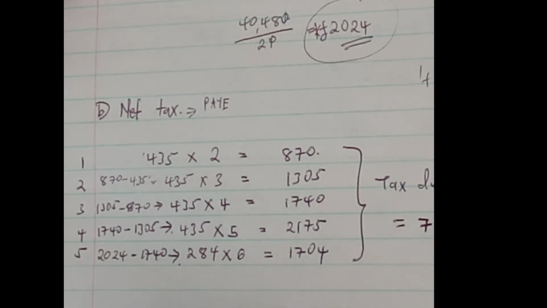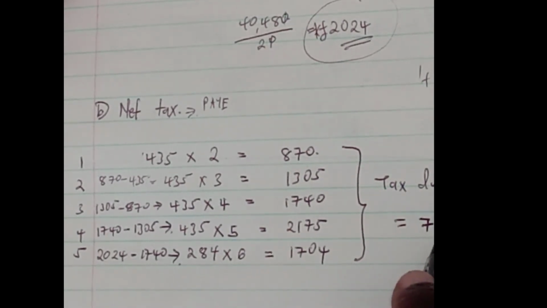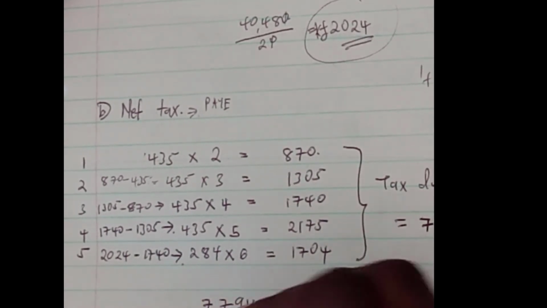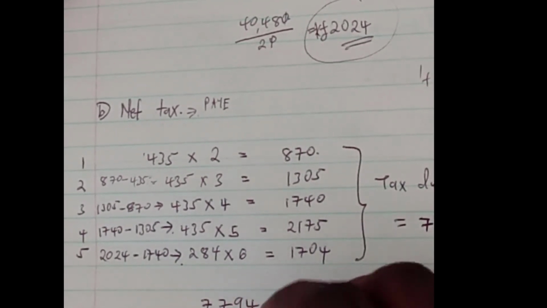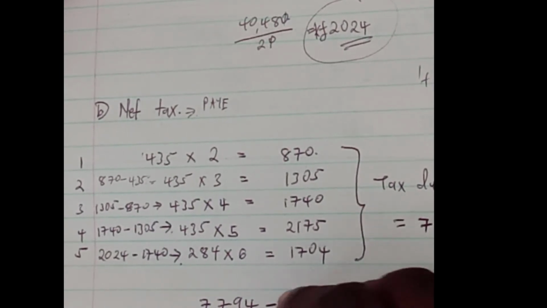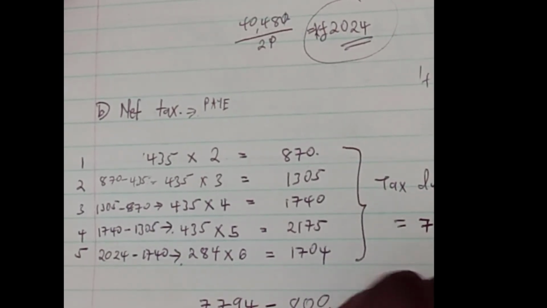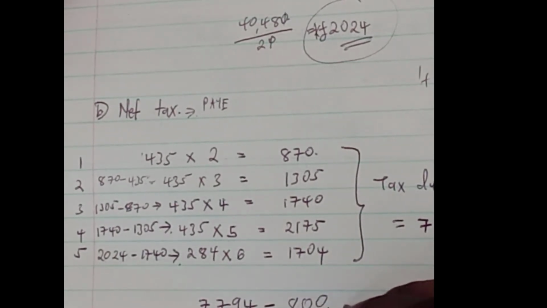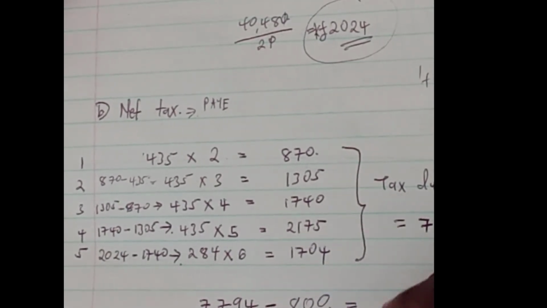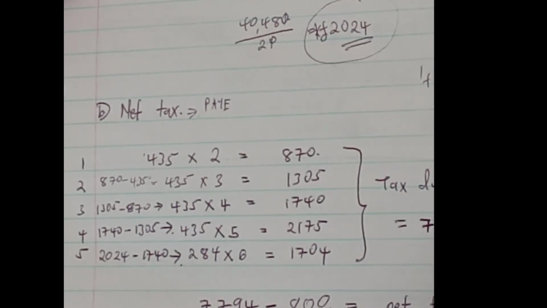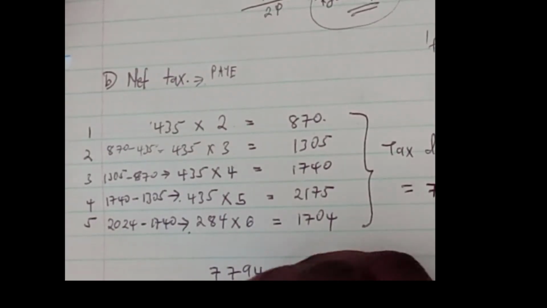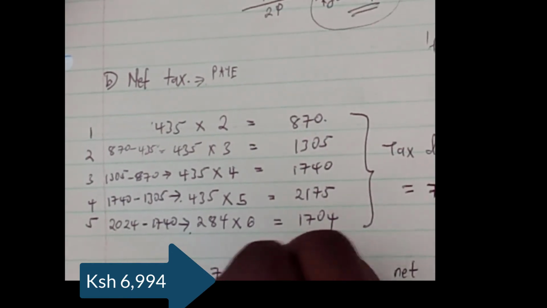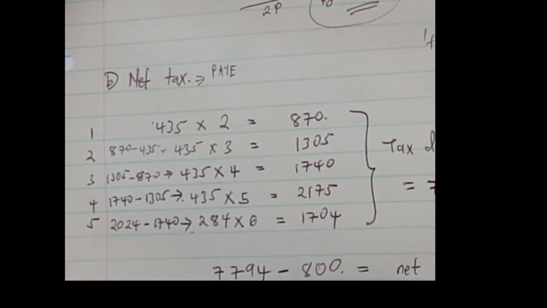So in order to get the net tax, we'll have to take the tax due, which is 7,794, then we have to subtract the relief, and the relief is 800 shillings for every month. This will be equivalent to what we call the net tax, 6,994 Kenyan shillings for every month.